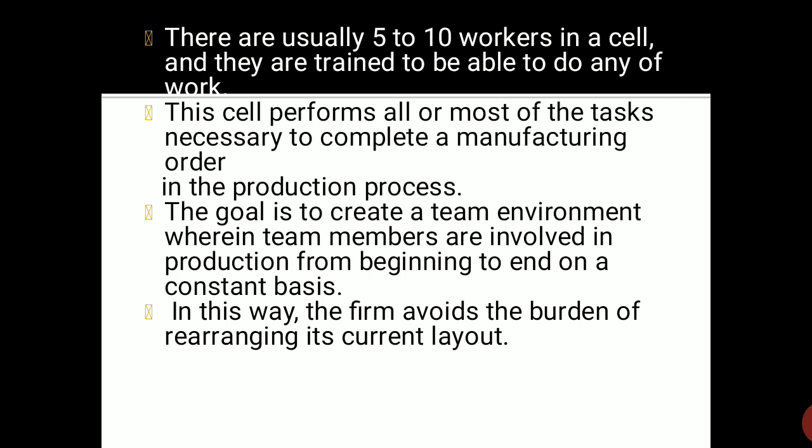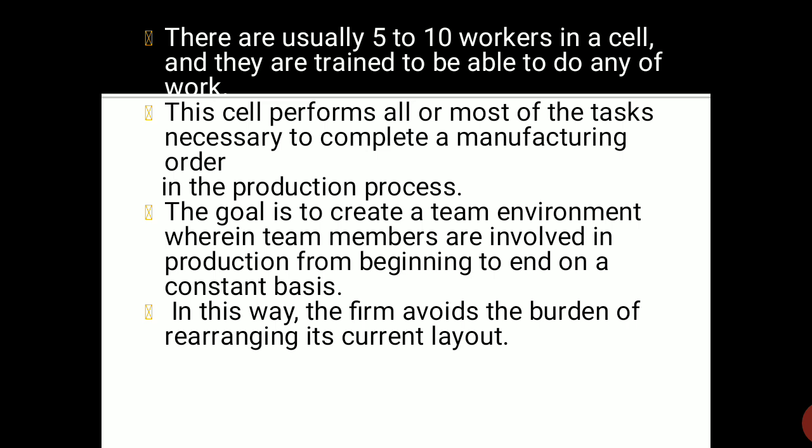This cell performs all or almost all the tasks necessary to complete a manufacturing order. That means in a small cell itself, the whole manufacturing process gets over. The goal is to create a team environment wherein team members are involved in the production from beginning to end on a constant basis.